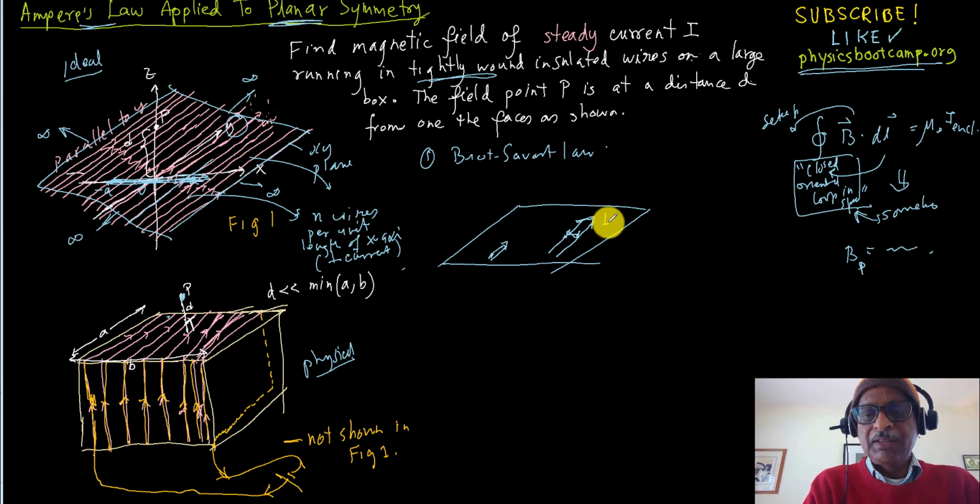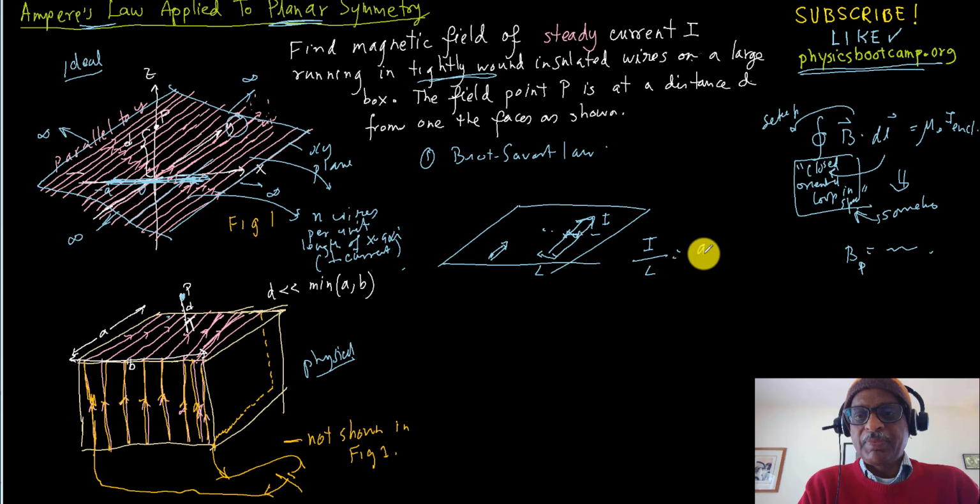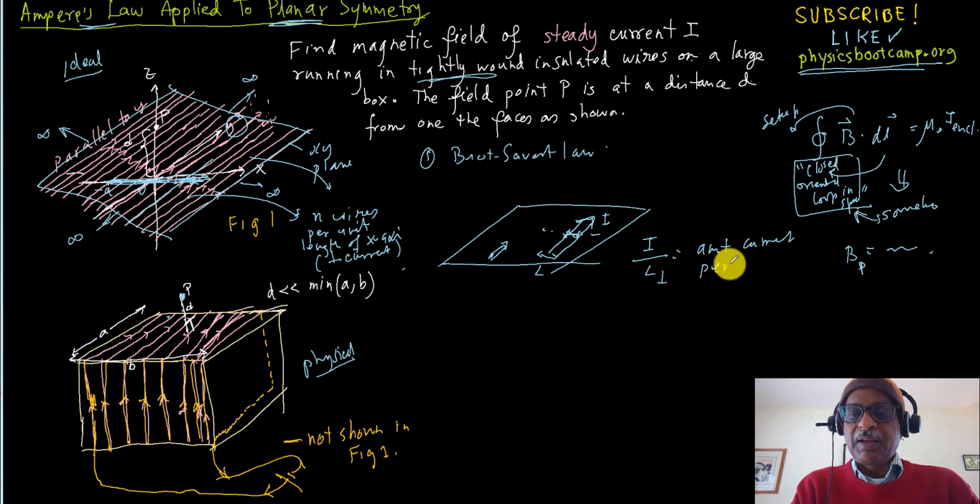So the amount of current passing through a length L perpendicular to the current direction, per unit cross-section length.